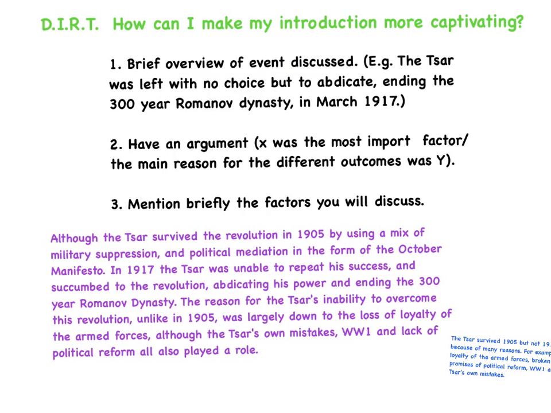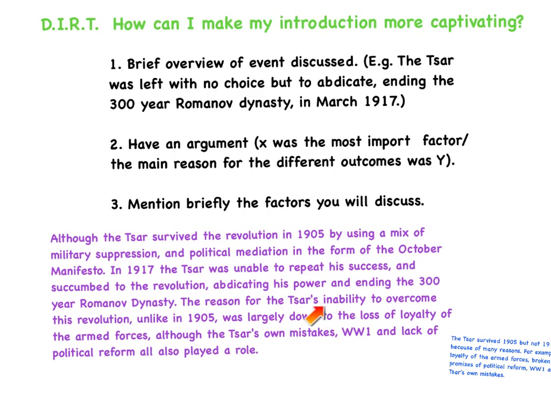Okay, so let's take a look at the second student's answer and think about whether or not they've made a captivating introduction. Although the Tsar survived the revolution in 1905 by using a mix of military suppression and political mediation in the form of the October Manifesto, in 1917 the Tsar was unable to repeat his success and succumbed to the revolution, abdicating his power and ending the 300-year Romanov dynasty.